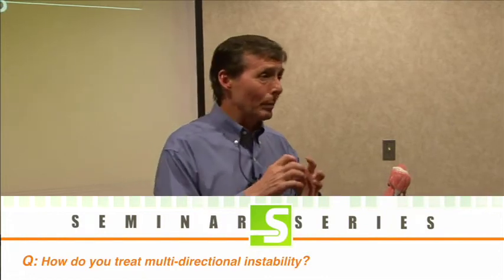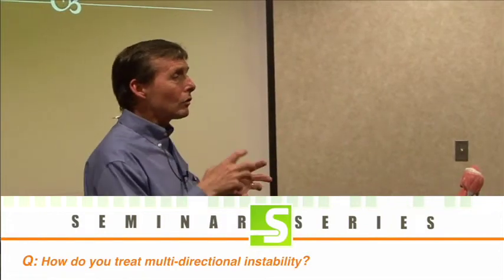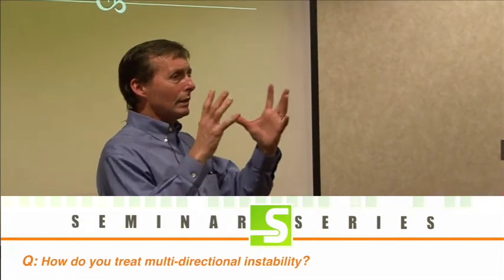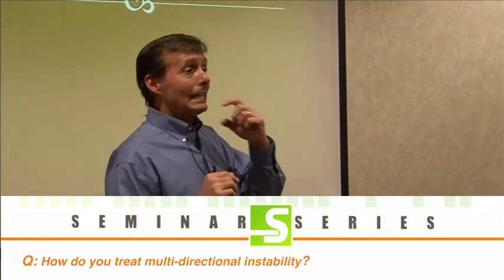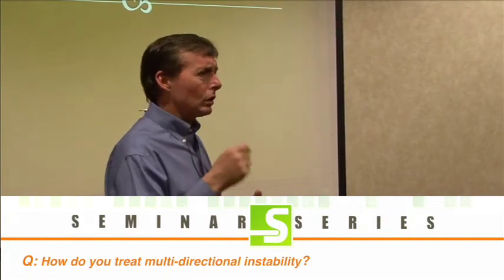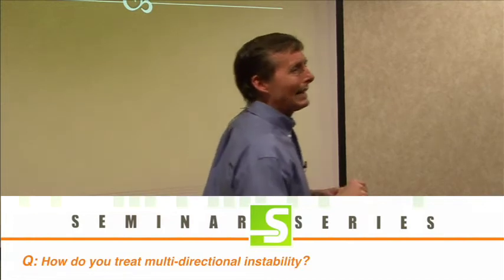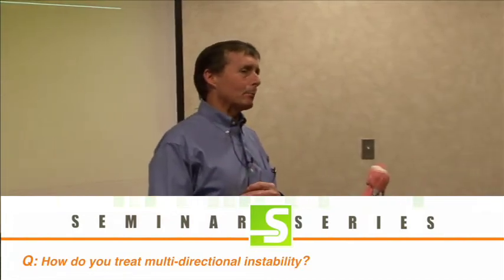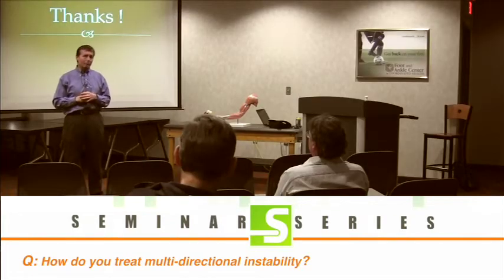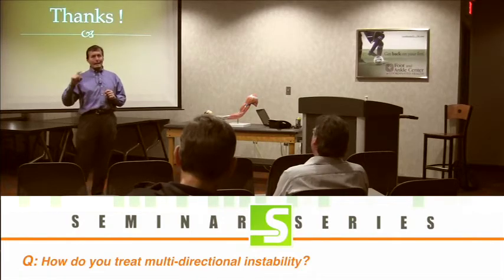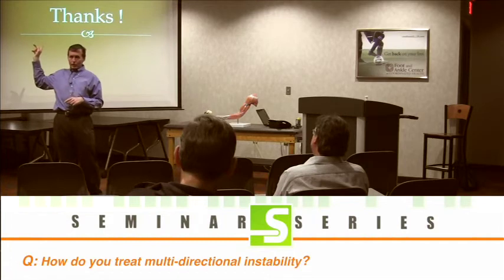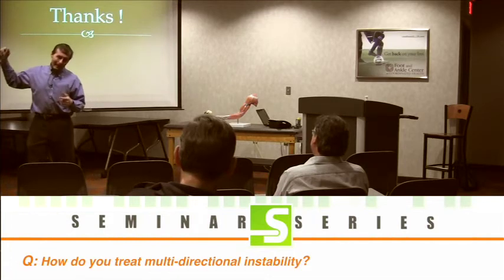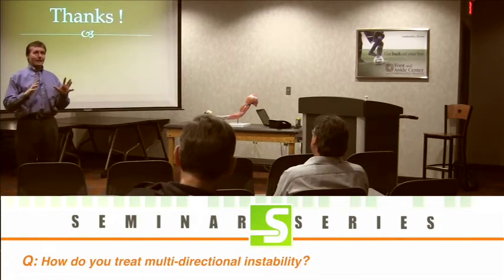Most multidirectional patients are just loose jointed. The capsule is loose. In your mind, you'd think, just stitch the capsule, and yeah, we've tried that, but generally they stretch out again. We've tried that capsular shift procedure that I showed you, the open one, and that's the last ditch effort.